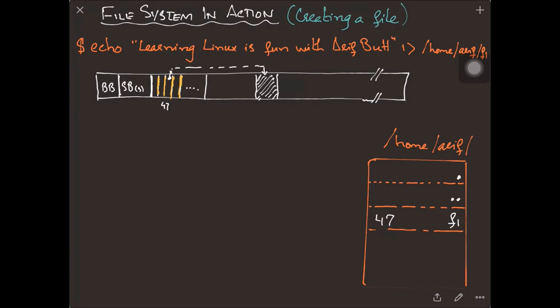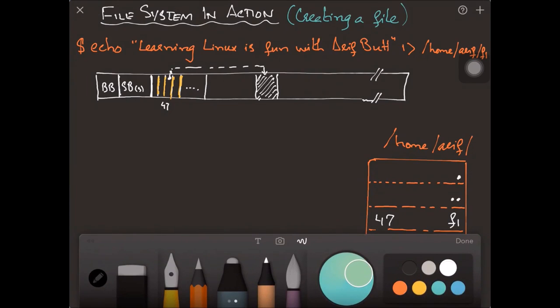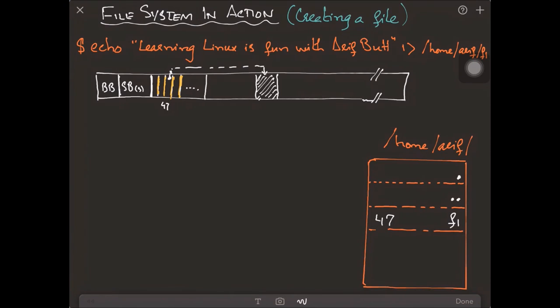Let's suppose that the user gives this echo command, and he writes this in this file, /home/arif/f1. f1 is the file which is located in the directory arif, which is there in home and which is there in /. So what actually happened is that the operating system kernel performs 4 main operations.